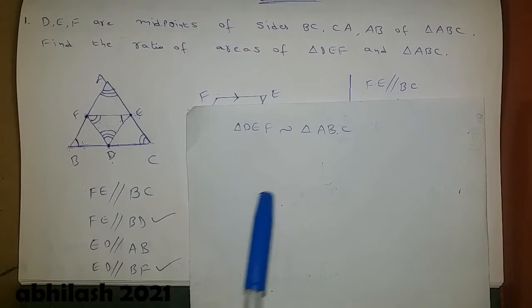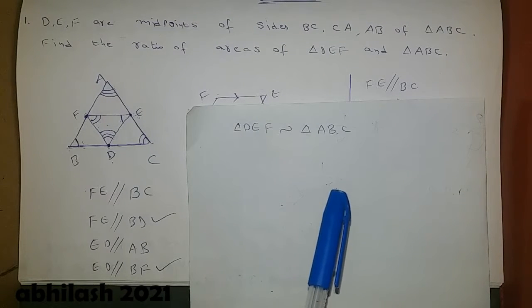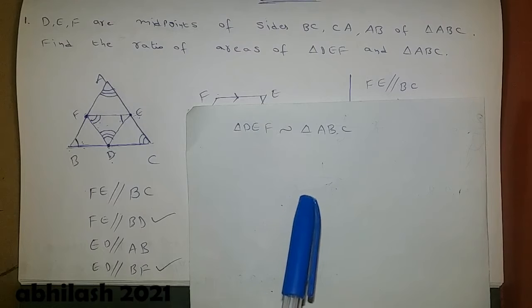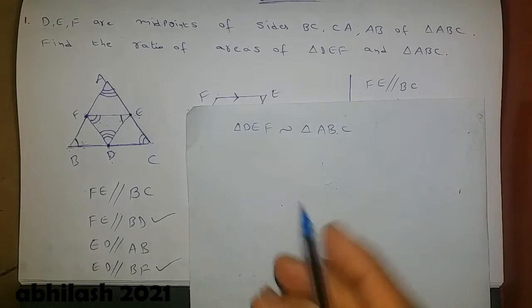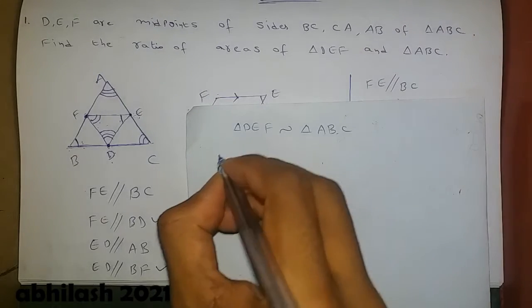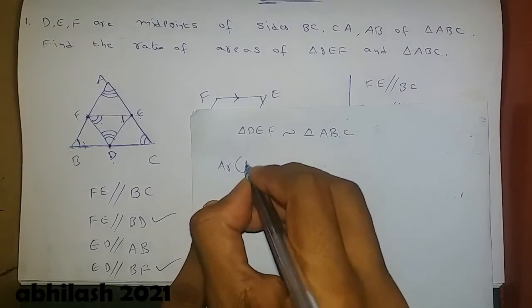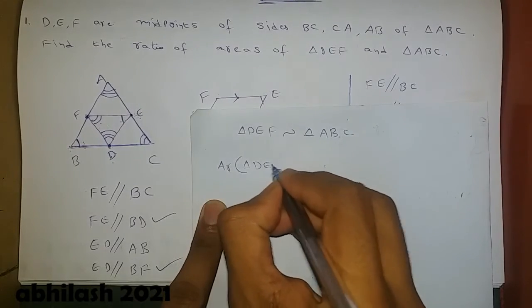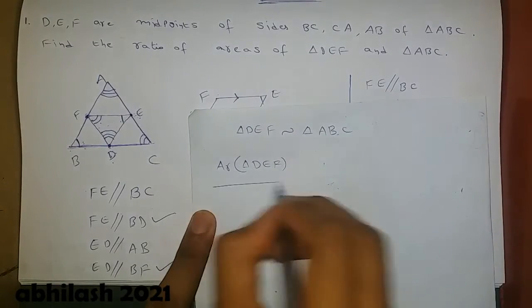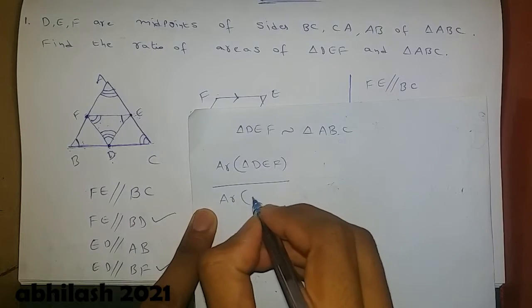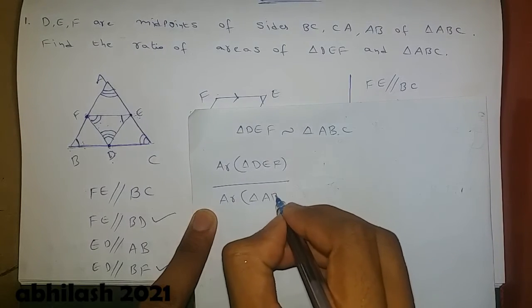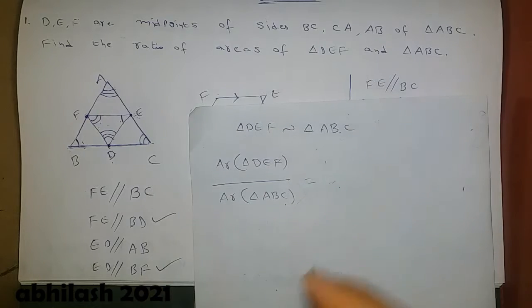Already we know clearly, if two triangles are similar to each other, then the corresponding sides will be in the same ratio. Next, the areas: area of triangle DEF divided by area of triangle ABC.